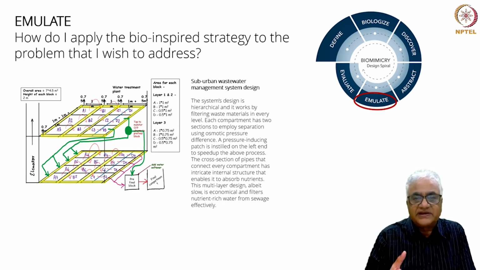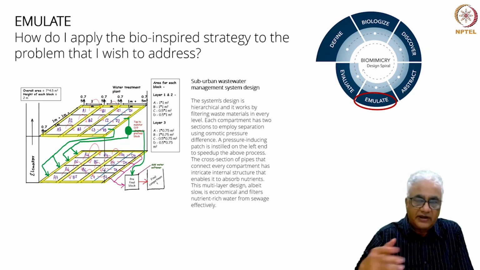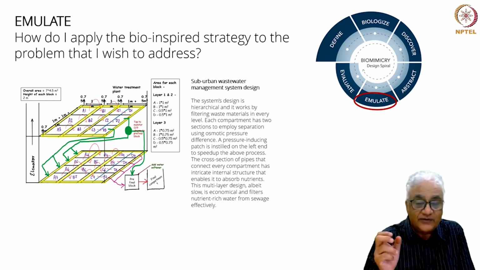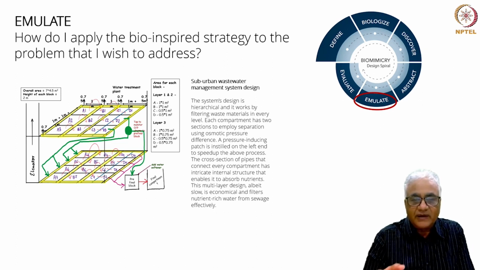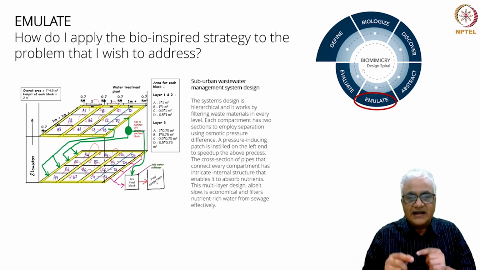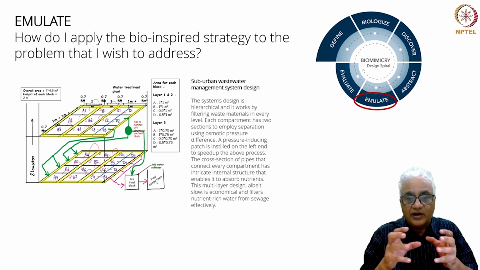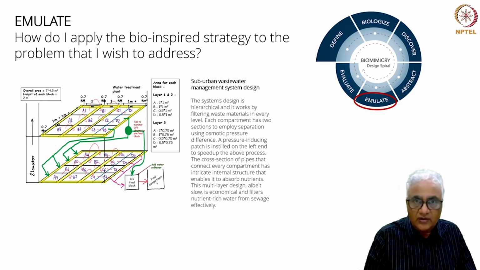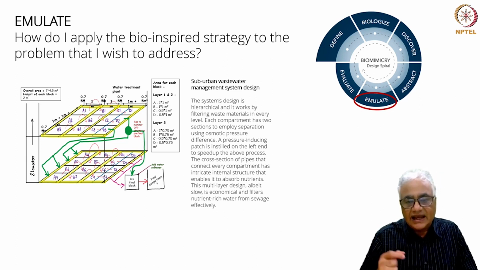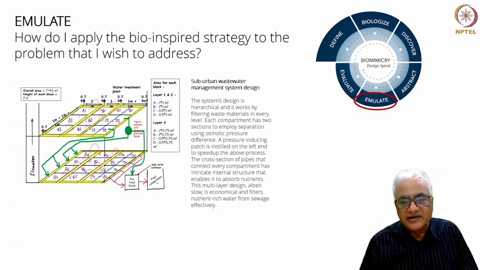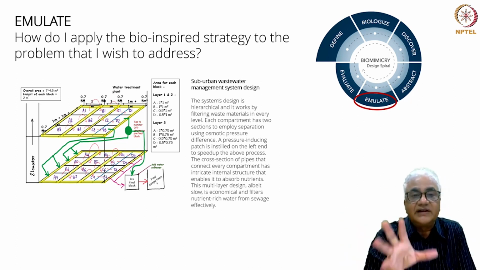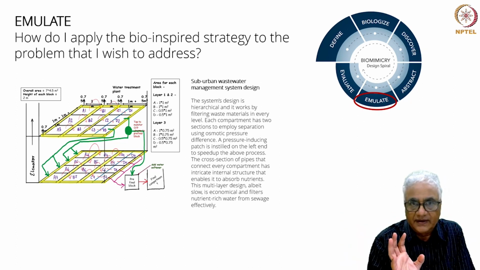A pressure-inducing patch is installed on the left end to speed up the above process. Right? The cross-section of pipes that connect every compartment has an intricate internal structure that enables it to absorb nutrients. This multi-layer design, albeit slow, is economical and filters nutrient-rich water from sewage effectively. So this is her system that she's created.